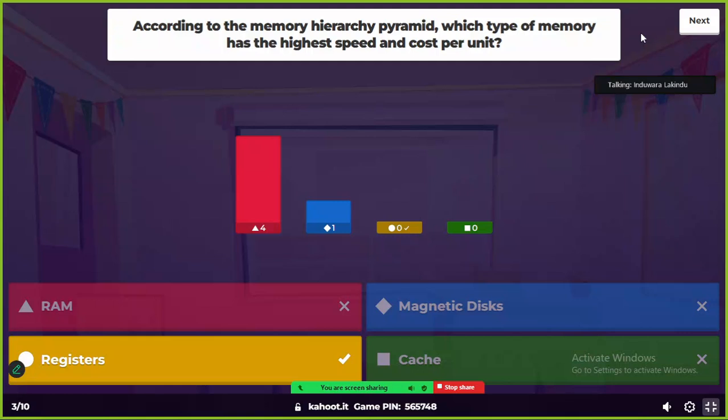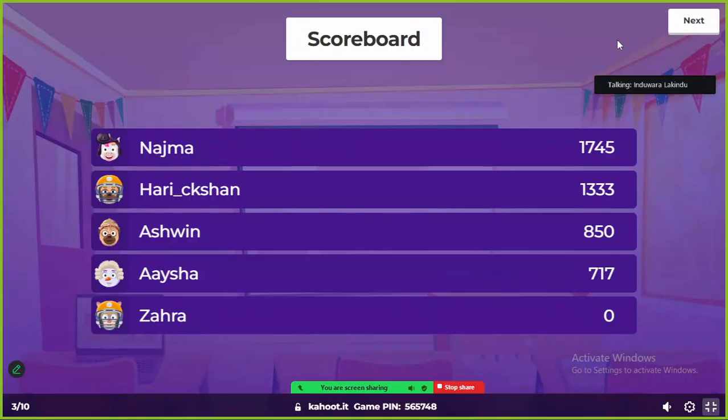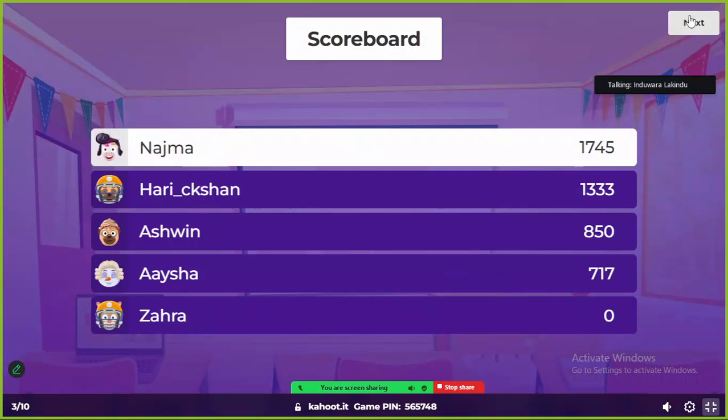Which type of memory has the highest speed? Speed means access speed. It's not RAM. Registers have the highest access speed. No one gets the points, but I hope you got the idea now.